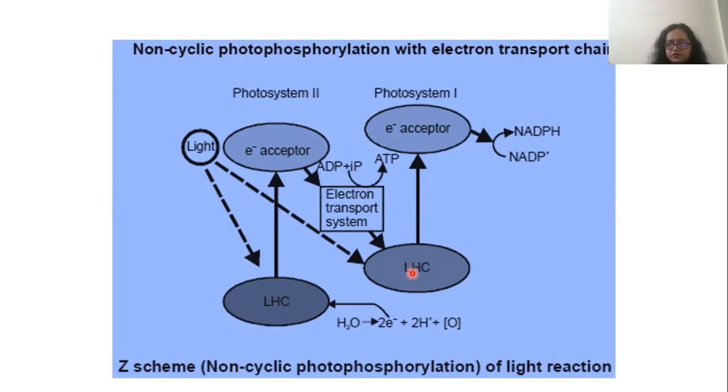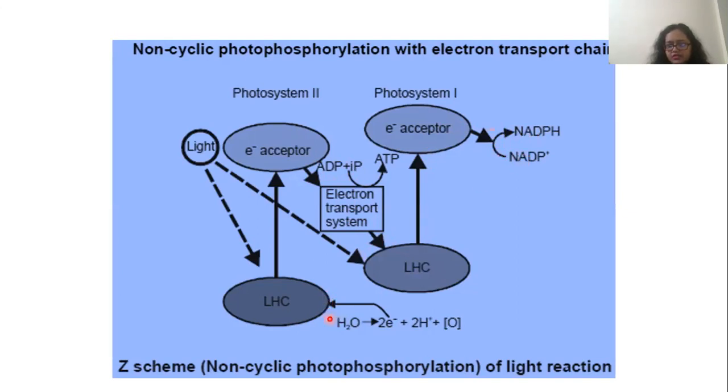During this electron transfer along the electron transport system, one ATP molecule is synthesized. Now the P700 also becomes excited and releases an electron, which is accepted by the electron acceptor of photosystem 1. That electron's energy is then used for synthesizing NADPH from NADP+.